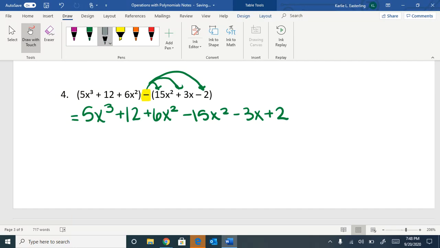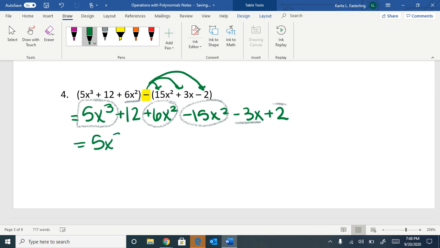So I'm going to continue to circle. If you want to use colors, you can. My highest degree is that x cubed. Then we're looking at squares. And then we're looking at our x to the first, and then our constants. So 5x cubed was our only cube.